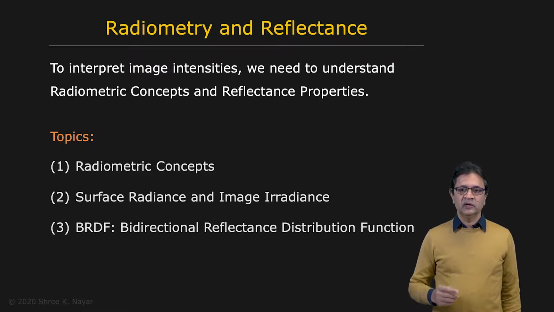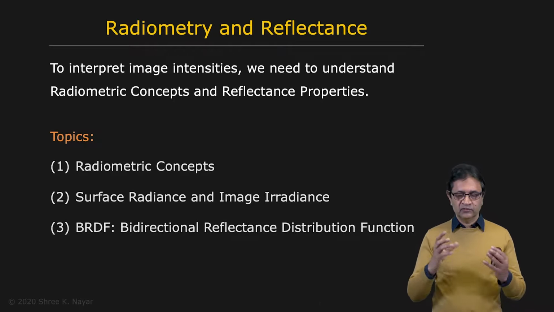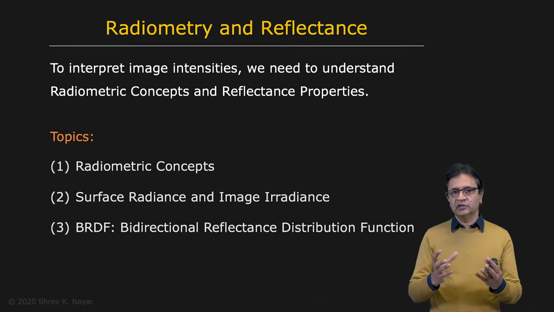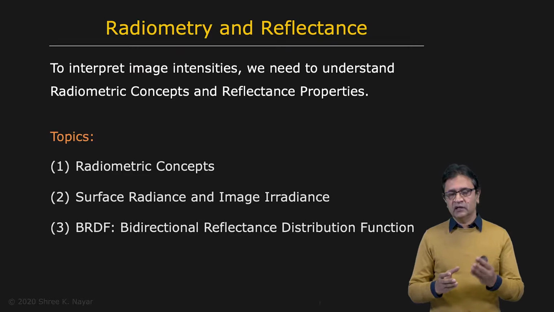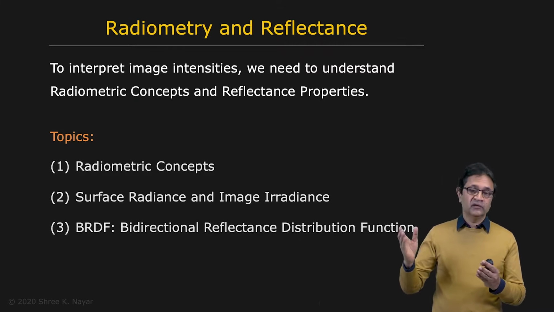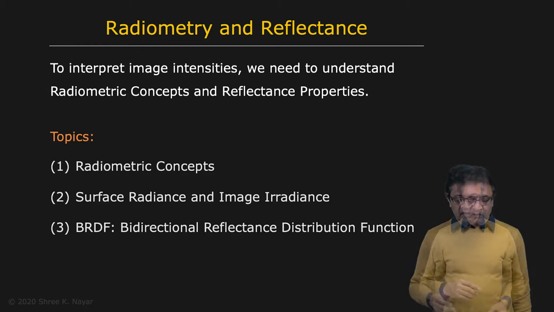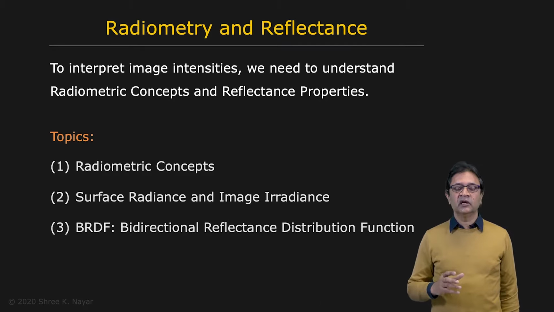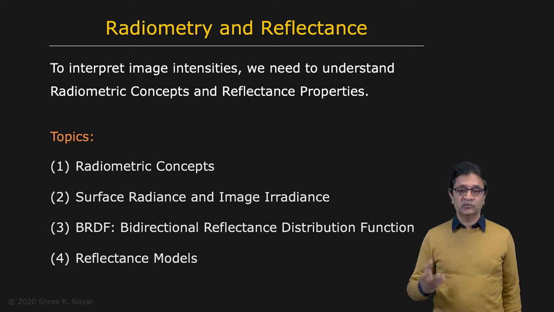Once we have that in place, we're going to talk about reflectance. In particular, the bidirectional reflectance distribution function, which is a function that completely describes the ability of a surface to take light from one direction and reflect it in another direction. Once we've done that, we can start looking at what are common reflectance properties that are encountered in the real world. And that brings us to reflectance models.